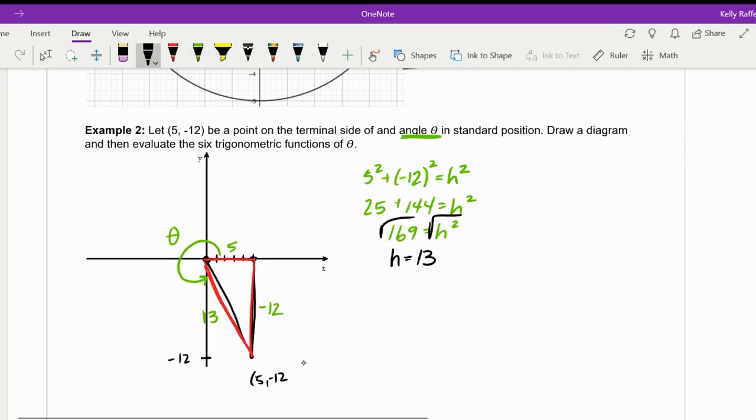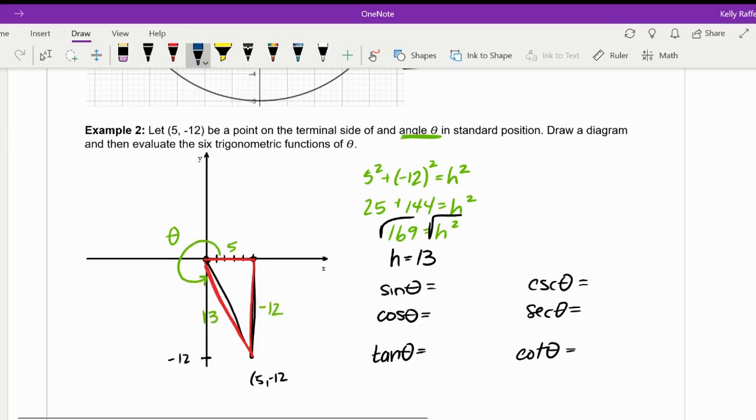All right, so from there, I'm going to have you guys fill in those trig functions. And if you need a little hint, remember we said that the side closest to the origin, this guy's our adjacent, all the way across, this one's always the opposite, and our hypotenuse is always hypotenuse.